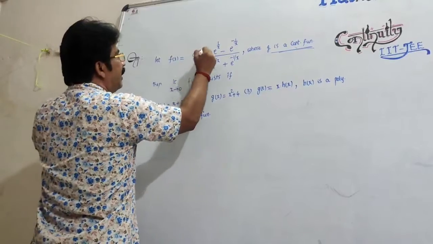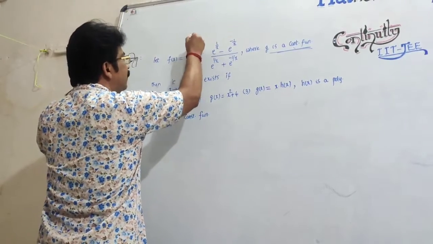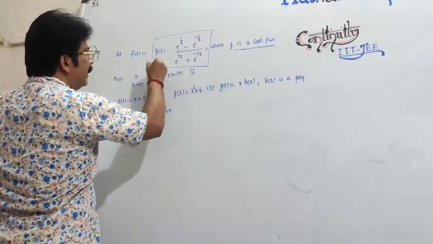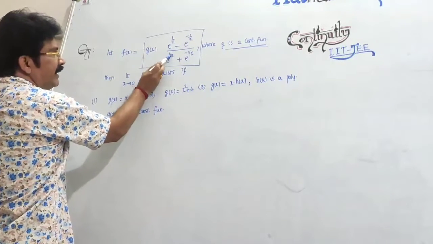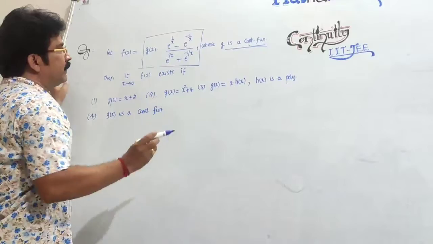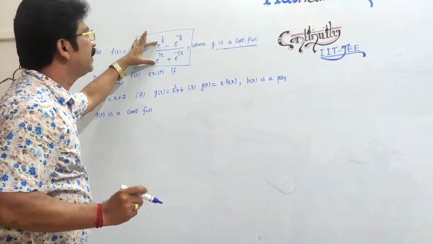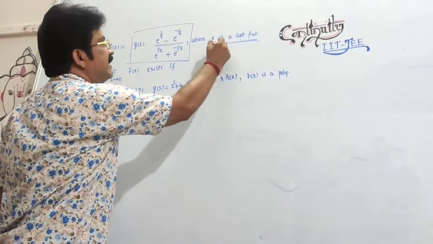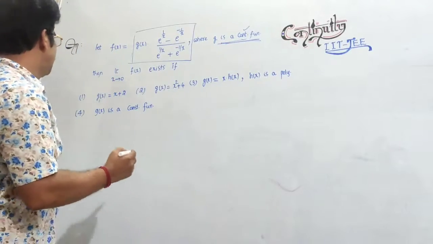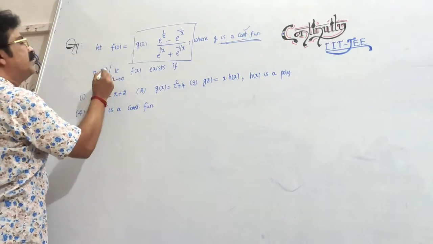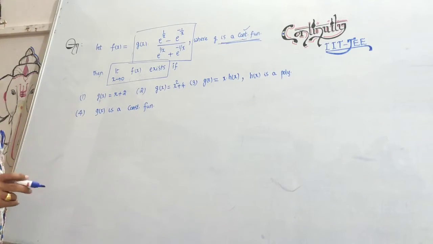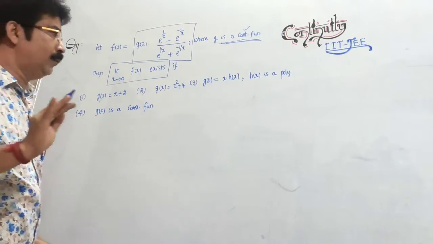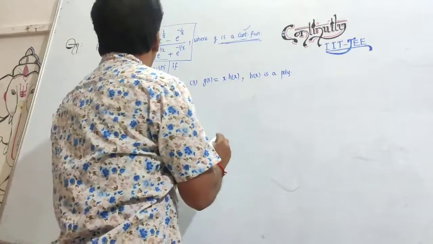f of x equal to g of x into (e power 1 by x minus e power minus 1 by x) divided by (e power 1 by x plus e power minus 1 by x). Actually it is some special function and g is a continuous function. Then limit x tends to 0, f of x exists. Understand? One shortcut is there.